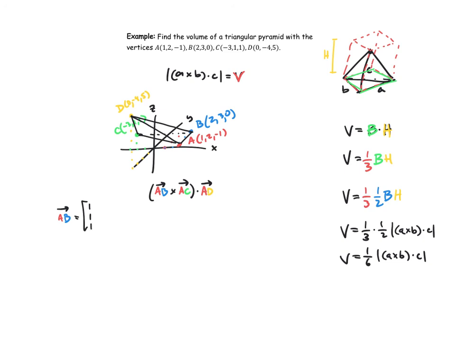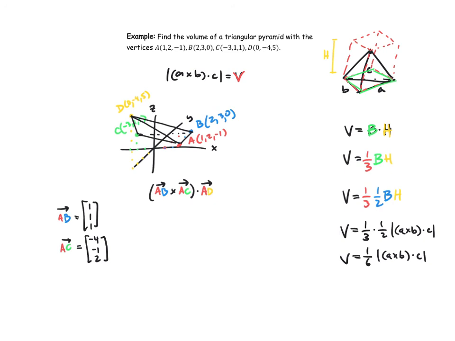Okay, so I get AB is 1, 1, 1. AC is going to be all the points of C minus the points of A. So -3 minus 1 is -4. Then I get a -1 and a +2.